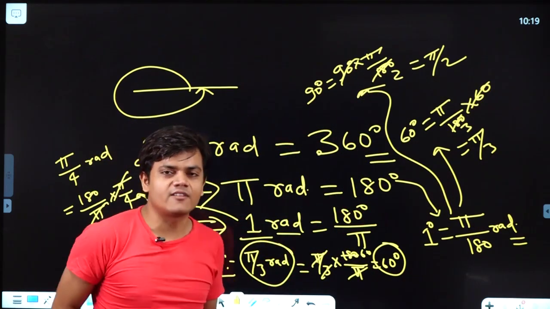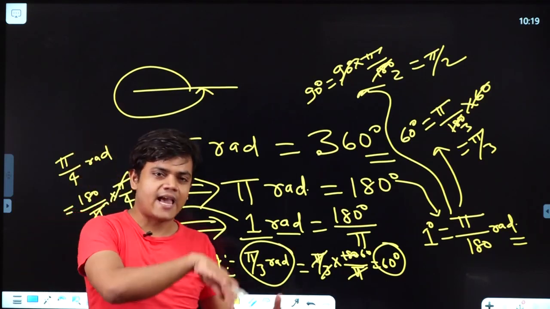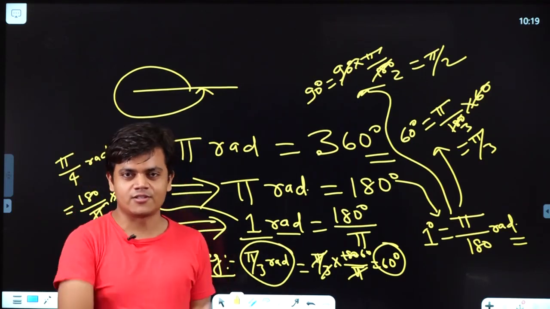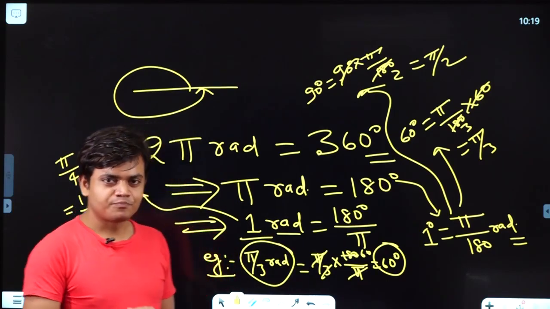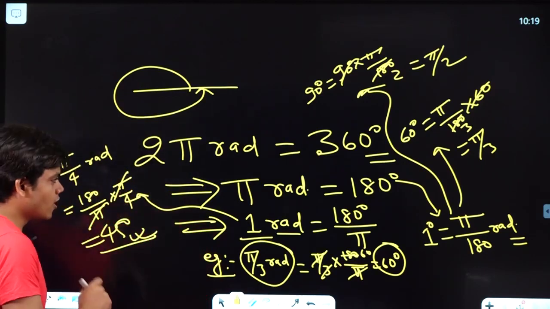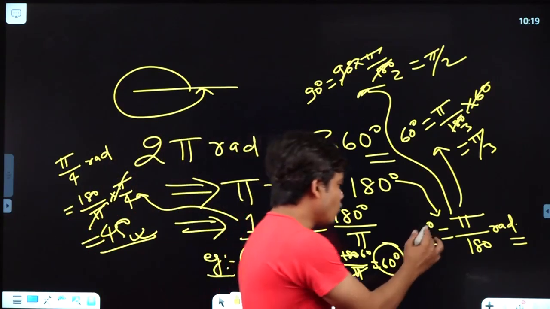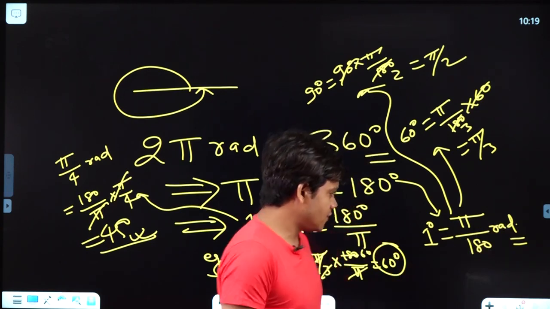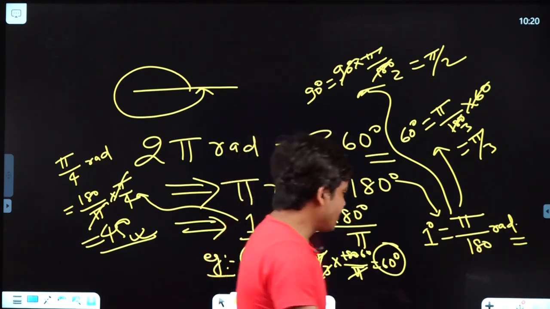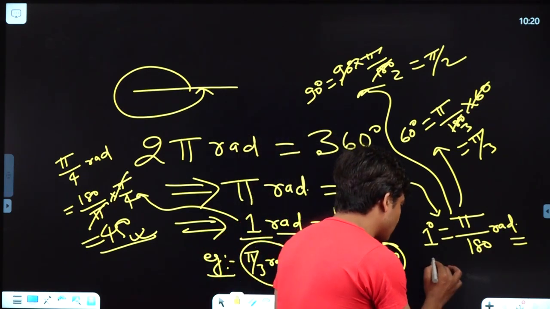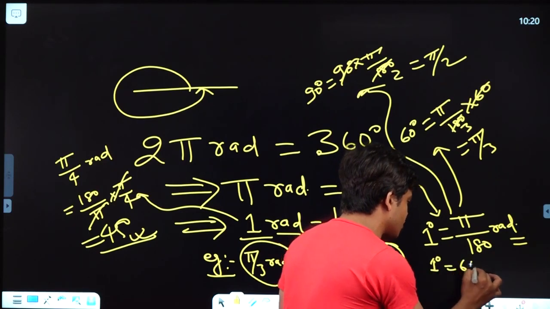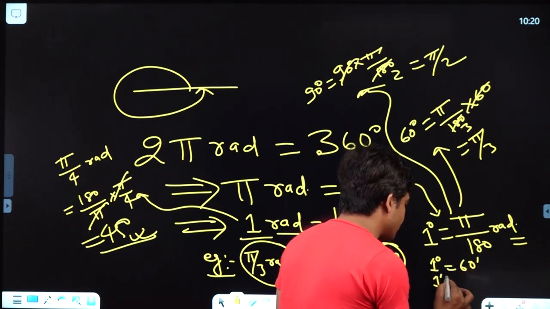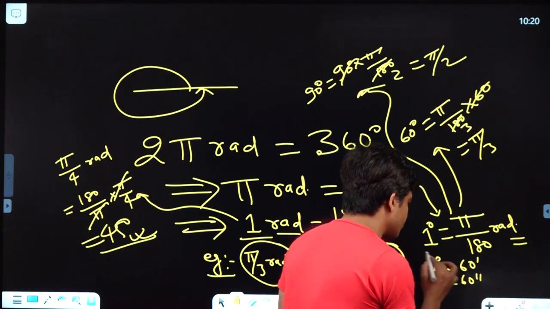So we can convert degree into radian and radian into degree very easily. But you should remember one more thing. 1 degree is equal to pi by 180 radian, and you should also remember that 1 degree is equal to 60 minute, and 1 minute is equal to 60 seconds.